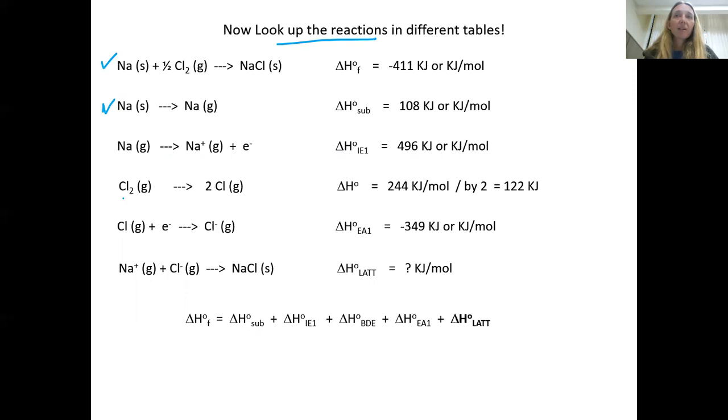I look up the bond dissociation energy. And when I looked up this value, it was chlorine gas goes to 2 chlorides, but I need just 1. So I need to divide this by 2.